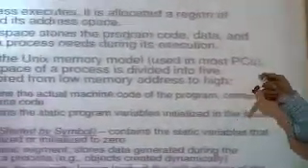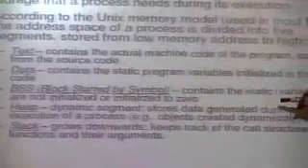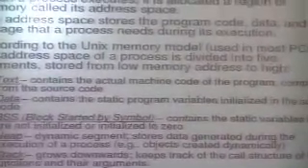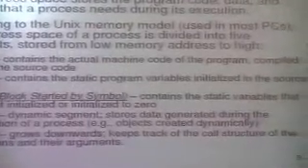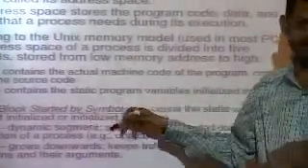The text portion contains the actual executable code, the machine code of your program. The data portion contains the static variables which are initialized to some initial value. The BSS portion, block started by symbol, contains static variables that are not initialized, which means variables which are just declared and not initialized, or initialized to 0 by default.